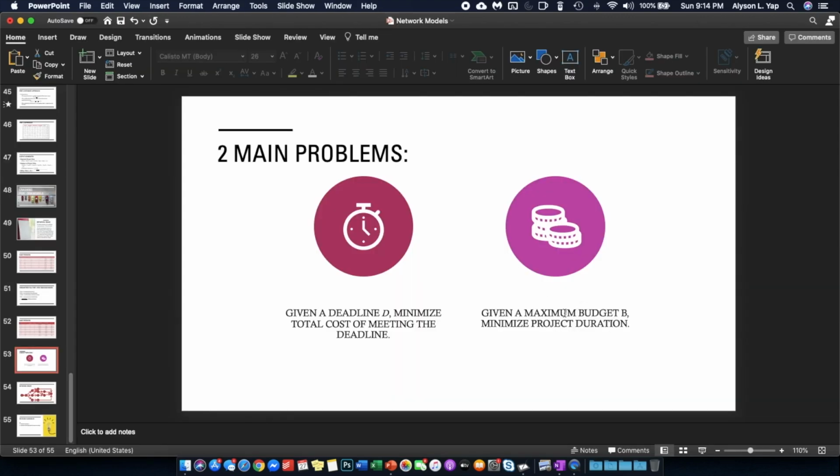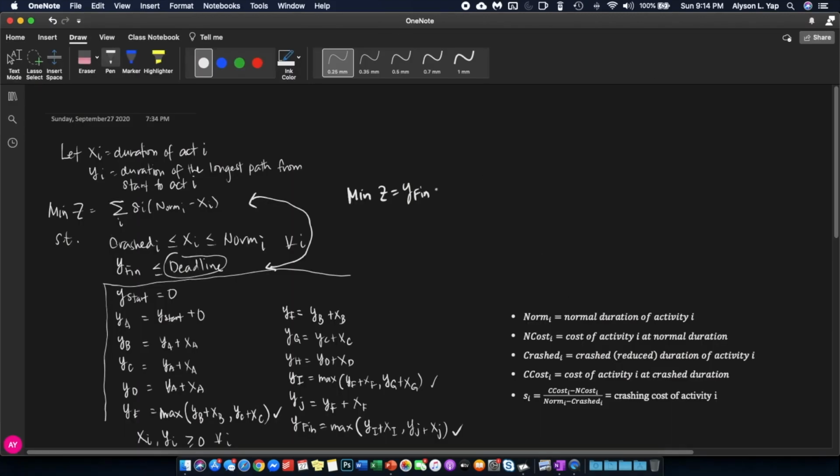Because you'd like to minimize project duration, and project duration is modeled as y sub finish. Of course, you still have this constraint, but your budget model will now become a constraint. So in this case, the sum of your S sub i norm minus x sub i for all i has to be at most your budget. And everything else will be the same.